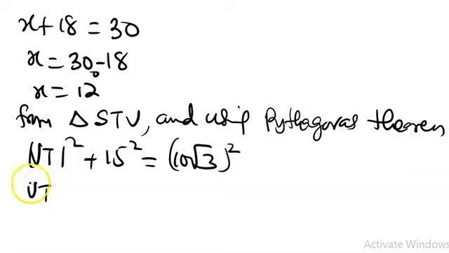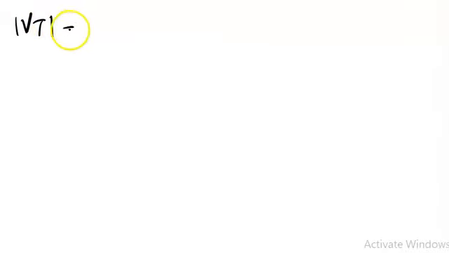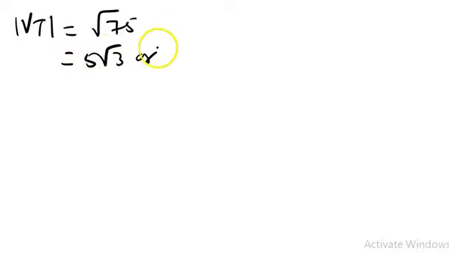So VT squared will be 300 minus 225, so VT squared is equal to 75. So the length VT will then be the square root of 75, and the square root of 75 is 5 root 3, or we have 8.66 meters.